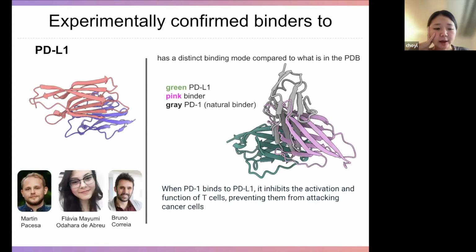Before talking about in silico results, we experimentally tested this design in the wet lab. So far we are working on a bunch of different targets, but so far we got experimental results from PD-L1 and IL-7 receptor alpha.